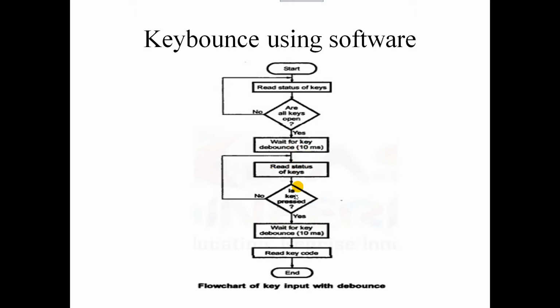If the key is pressed, it reads that data. If it is still not pressed, it goes back to the waiting state. This is the logic behind key debounce: first it waits 10 milliseconds for the key data, and if the key data is not available, it goes on to read the status of the keys.